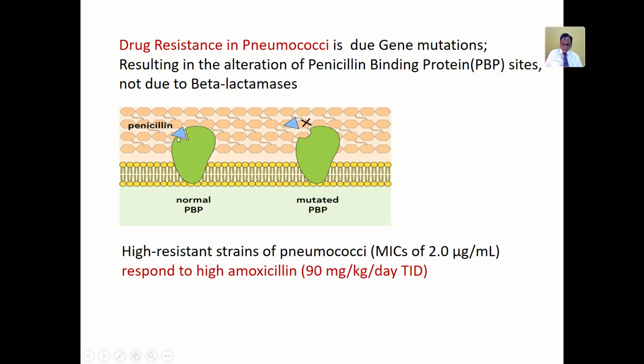Look at that, it is nicely fitting here. Here it is changed, so your amoxicillin is not going to fit here, so it may not act. That's the reason why people say in streptococcal pneumonia resistance, simply increase the dose of amoxicillin to 90 milligram per kg TID, and the child may respond to the antibiotic.